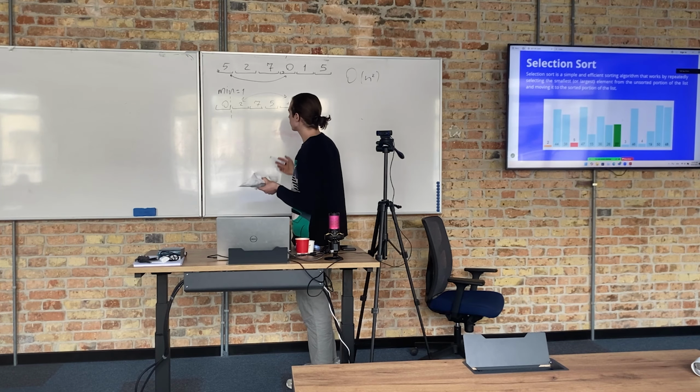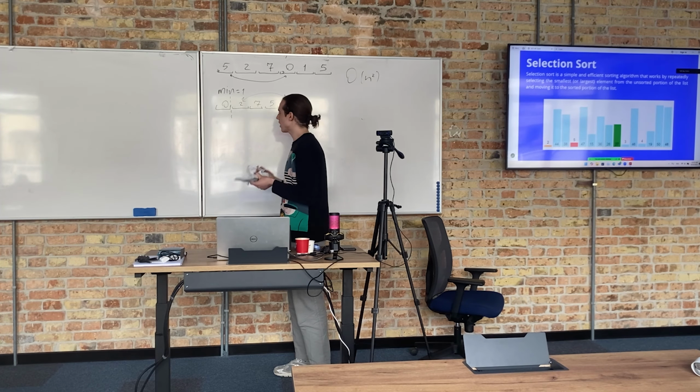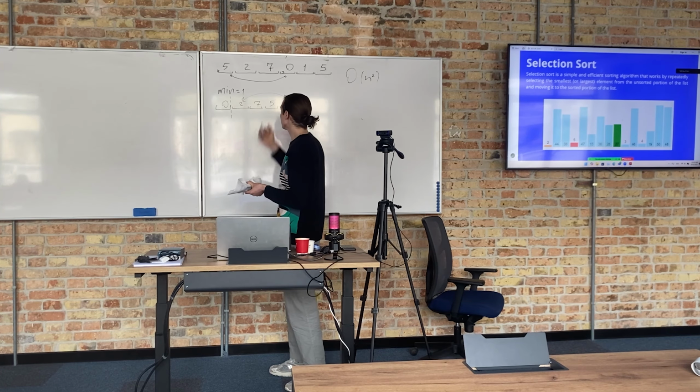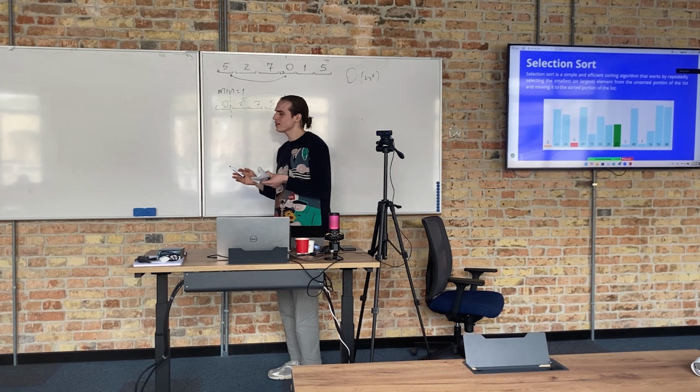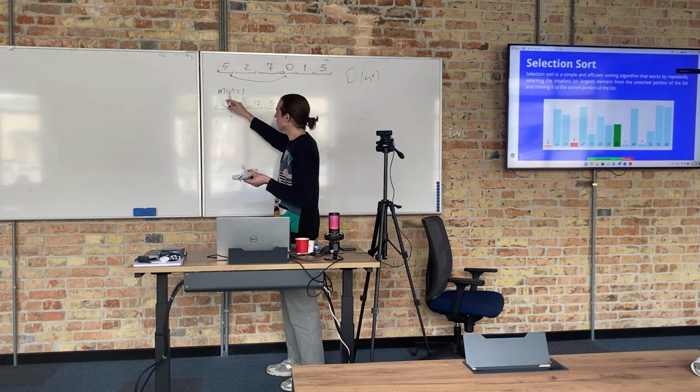Yeah, because in bubble sort, we check elements every time, so we can traverse our array only once and be sure that this array is sorted. This is a part of bubble sort. But here we have a little bit dumber algorithm that finds the min element and swaps it.